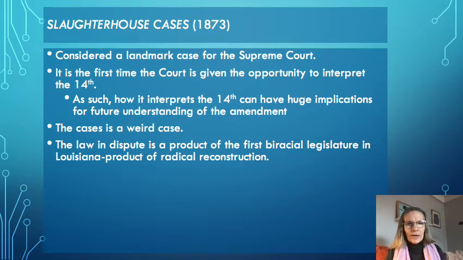This is also an interesting case because the law that is in dispute is the product of the radical reconstruction that began to take place, but was not supported for very long, in the South. The law that's in dispute is the product of the first biracial legislature in the state of Louisiana, because it's a product of radical reconstruction, basically telling these former Confederate states that you have to let African Americans vote.